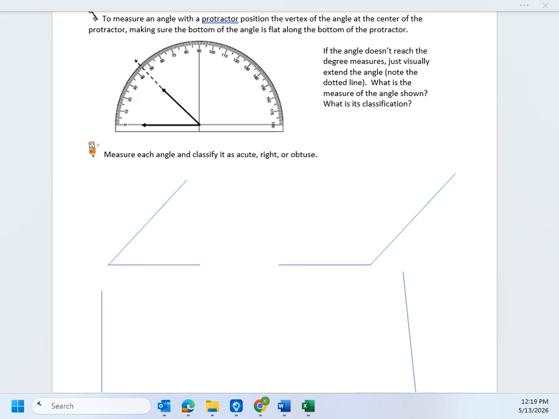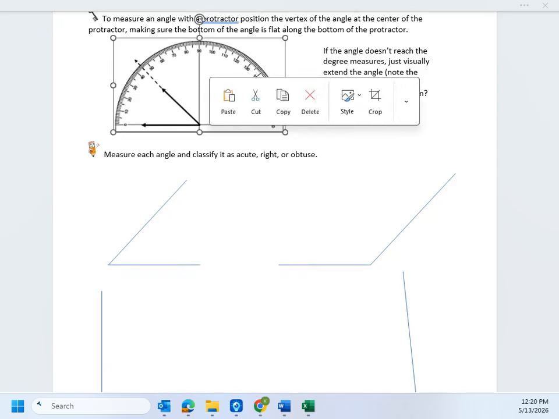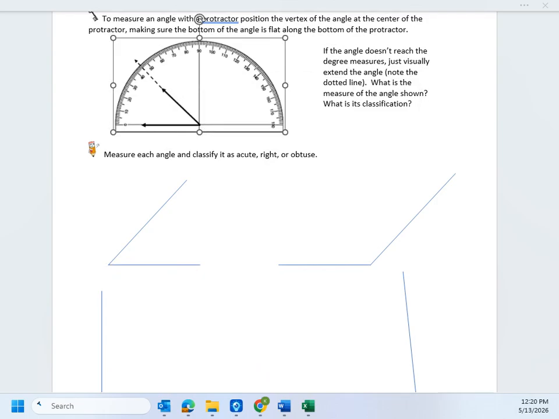We're going to line that up on the line of that bottom part of your angle, line it up straight on top of it. So the vertex goes in the hole, and you're going to match up that straight line coming out of the hole, match it up with the line on the bottom part of the angle.